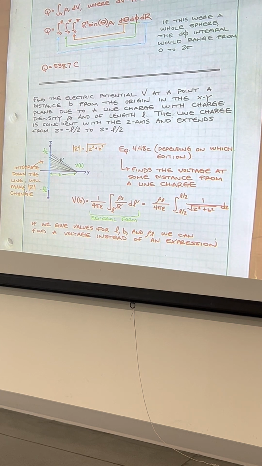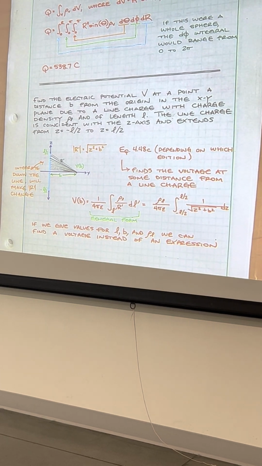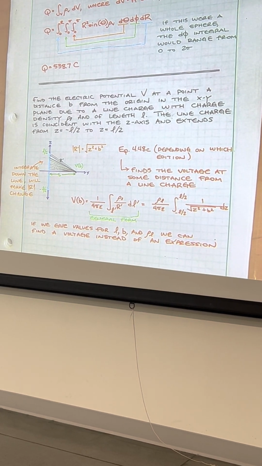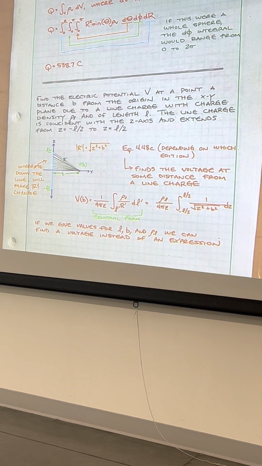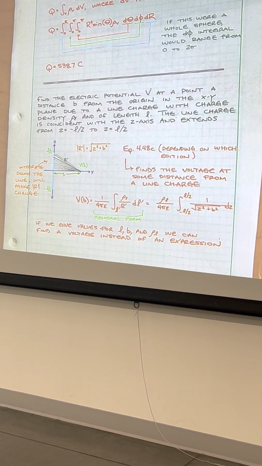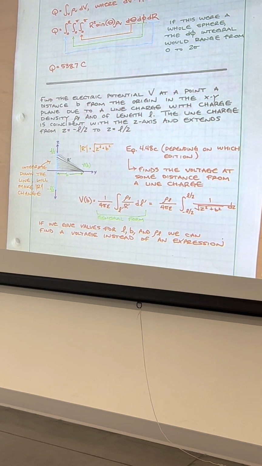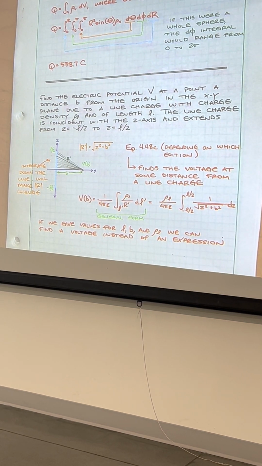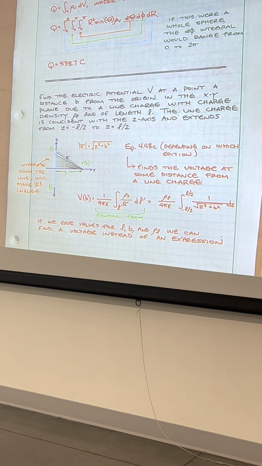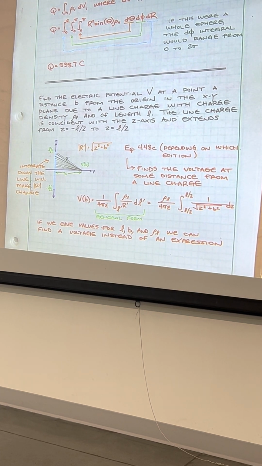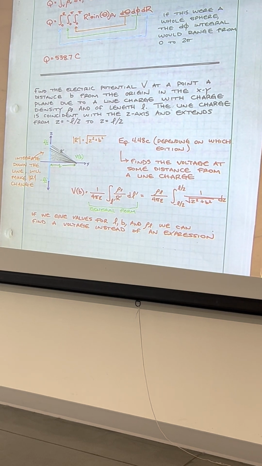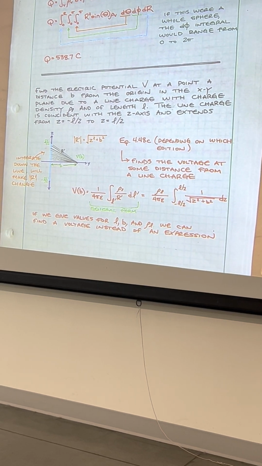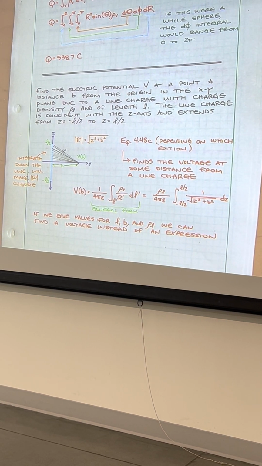And then if I do in the midterm, if I give you some actual values for how long that line charge is and what the charge distribution looks like and how far away B is, you can actually give me a voltage. But as it's written in the textbook, the answer is just an expression. It's just solving that integral number-wise, which is kind of boring. I made some numbers on the midterm, or on the final.